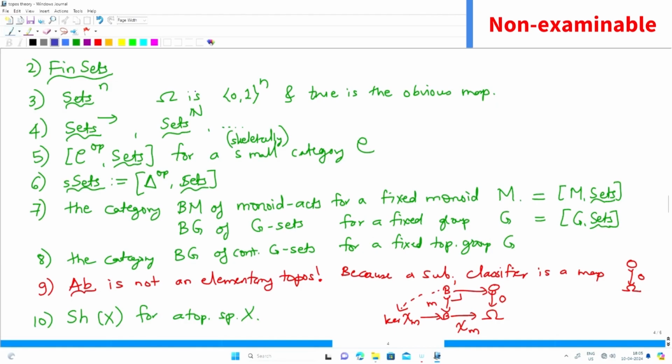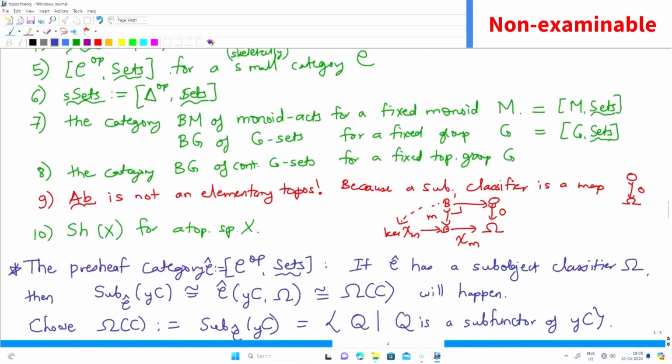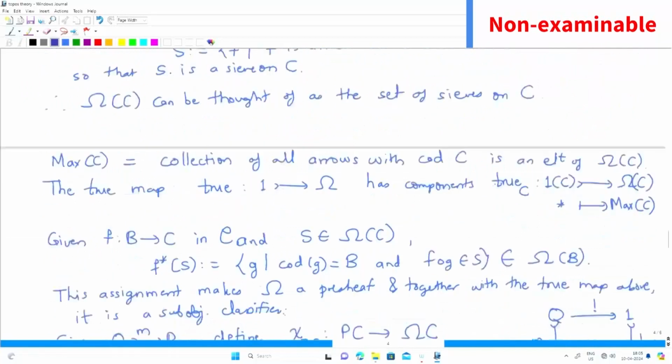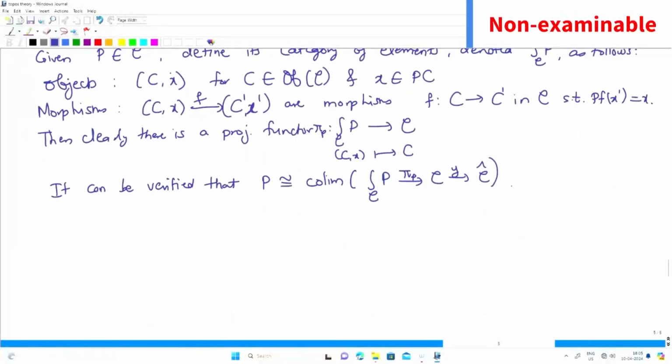Now, not every presheaf turns out to be a sheaf. It is a subcategory. You remember that sheaves on X is a full subcategory of the category of presheaves on OX op, where OX is the set of open sets.